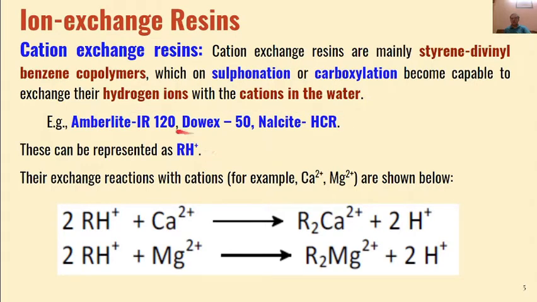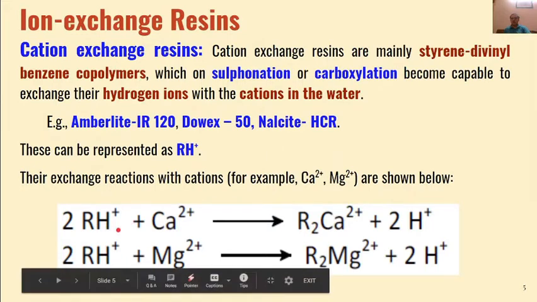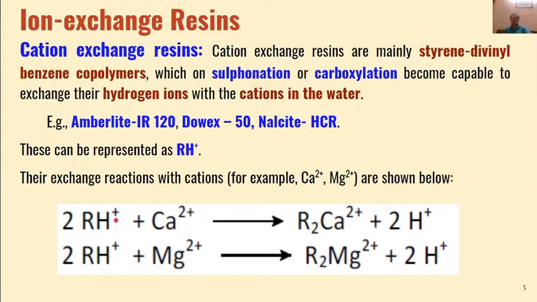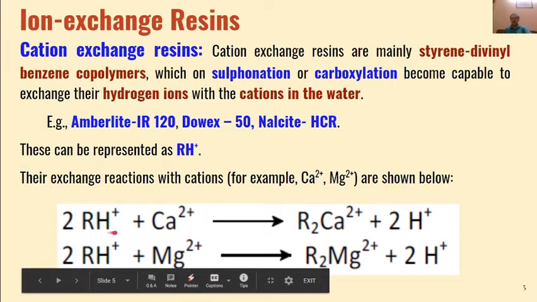So we can represent cation exchange resins like this: R H positive. R is the resin, and H positive is the ion which can be replaced by the cations of the hard water. So basically, the reaction which takes place is this. This is the cation exchange resin. R is the resin, and it will substitute these H positive ions with the calcium 2 plus ions present in the hard water.